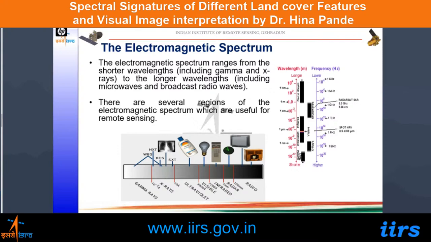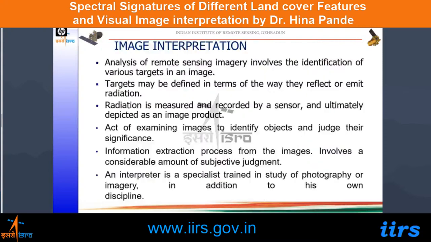So we can say that the analysis of remote sensing images will involve the identification of different targets. The different targets would mean different features in the image. Different targets would mean a feature of interest. So it could be a built-up feature, it could be a vegetation feature, it could be a water feature, and so on.